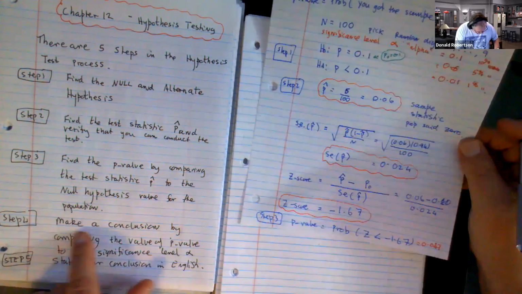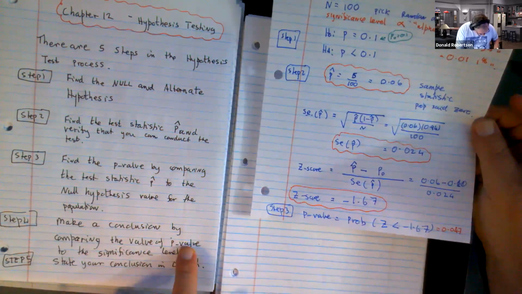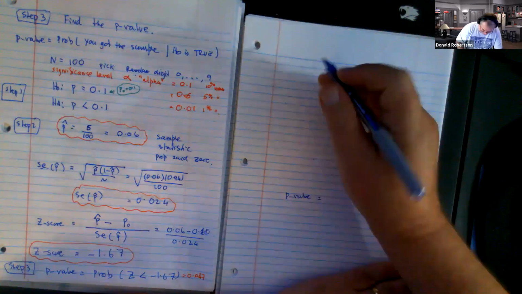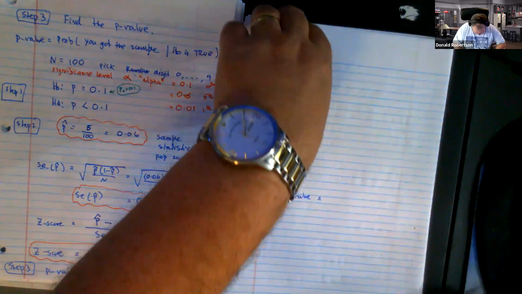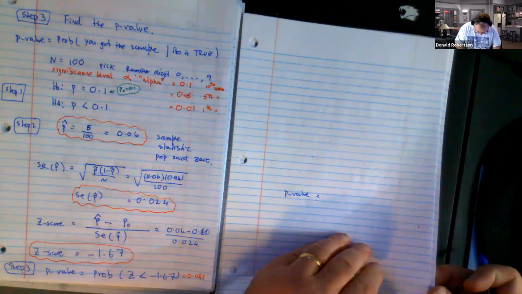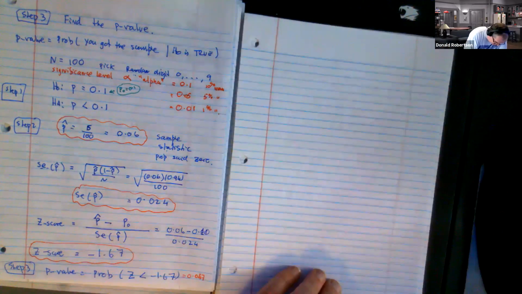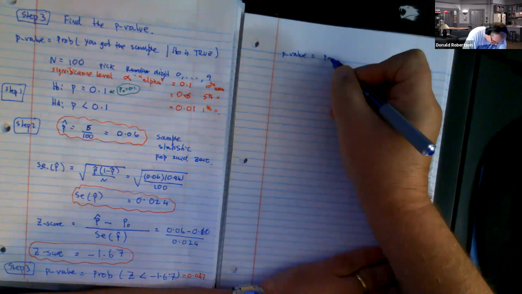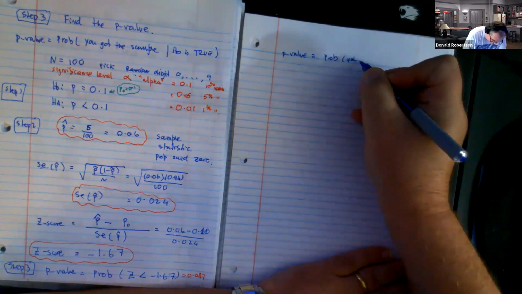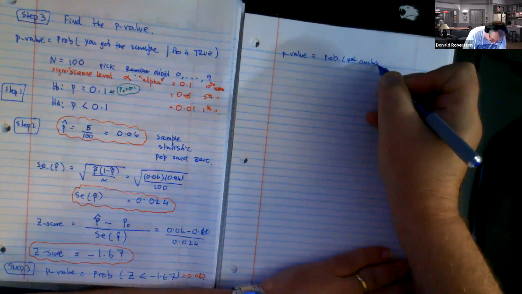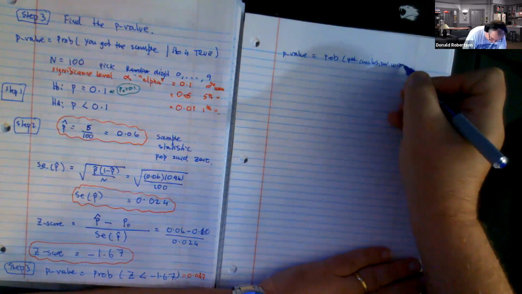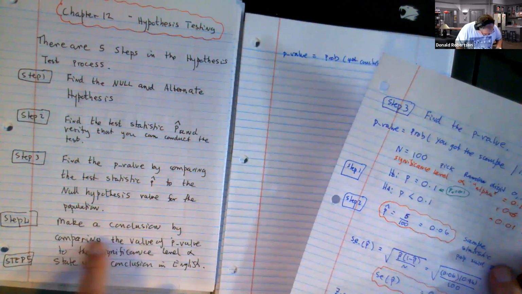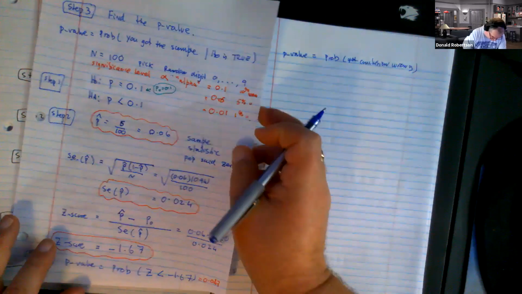Make a conclusion by comparing the value of the p-value with the significance level alpha. The p-value is like the probability that you get your conclusion wrong. It's one of the ways to look at it. Now, the test that we're talking about here, this conclusion, is basically this.